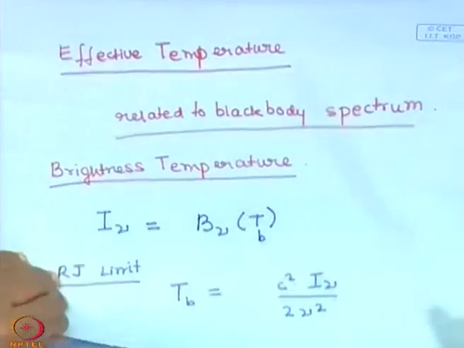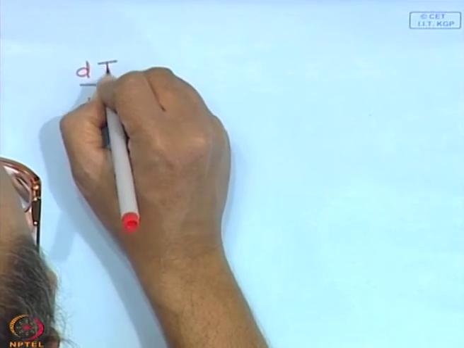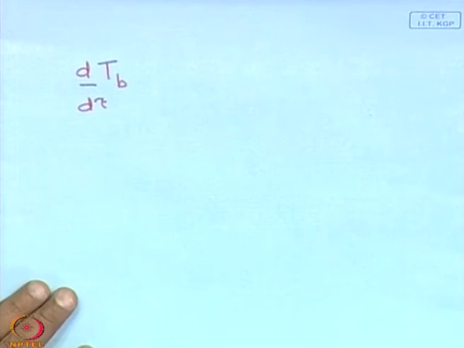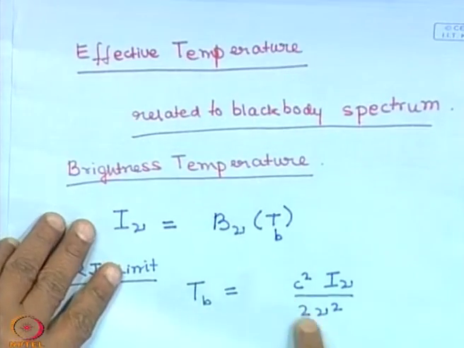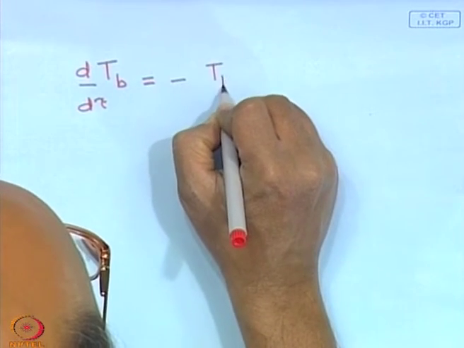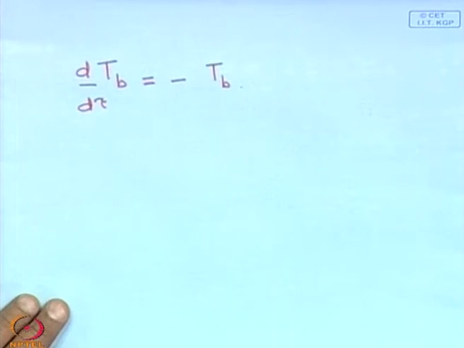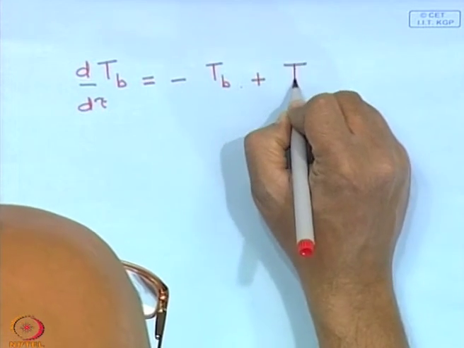So, the radiative transfer equation becomes d by d tau of the brightness temperature is equal to minus Tb plus the temperature of the source.